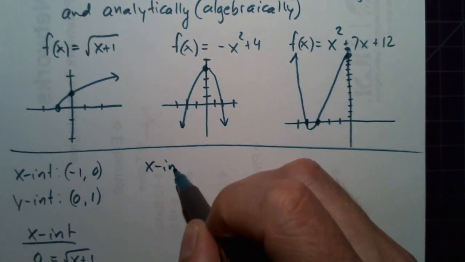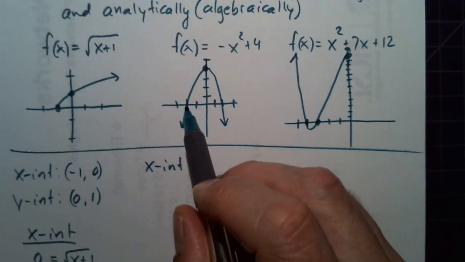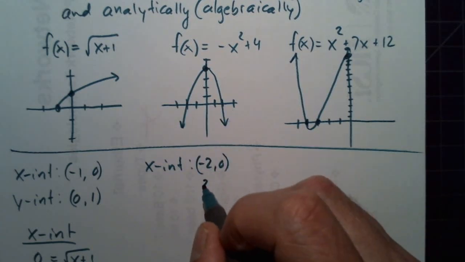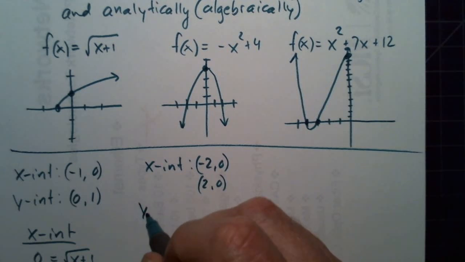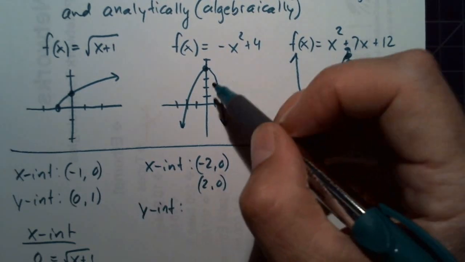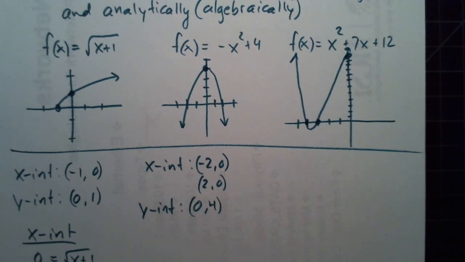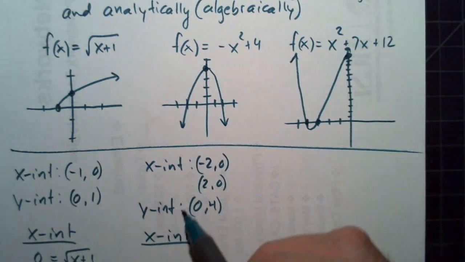Looking at the graph, the x-intercepts are -2, 0, and 2, 0. The y-intercept is 0, 4. If we didn't have the graph, to find the x-intercept, we would make the y 0.